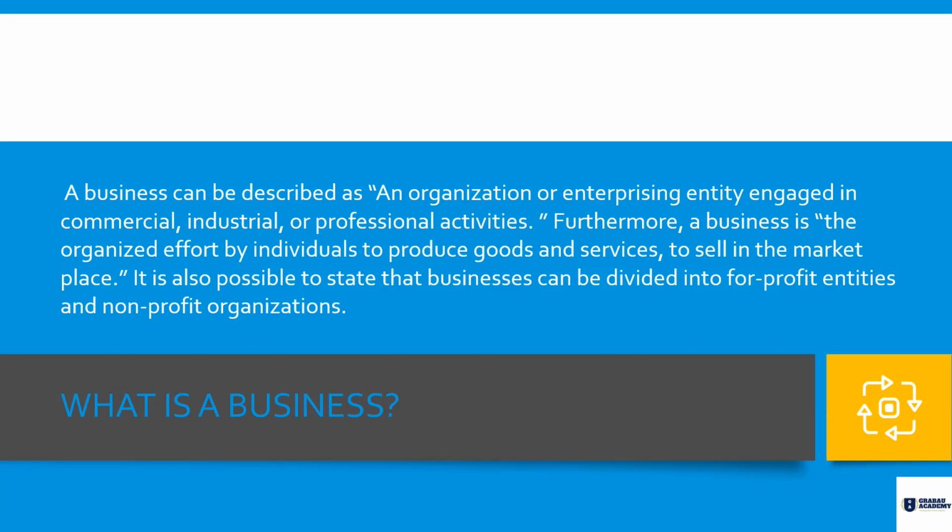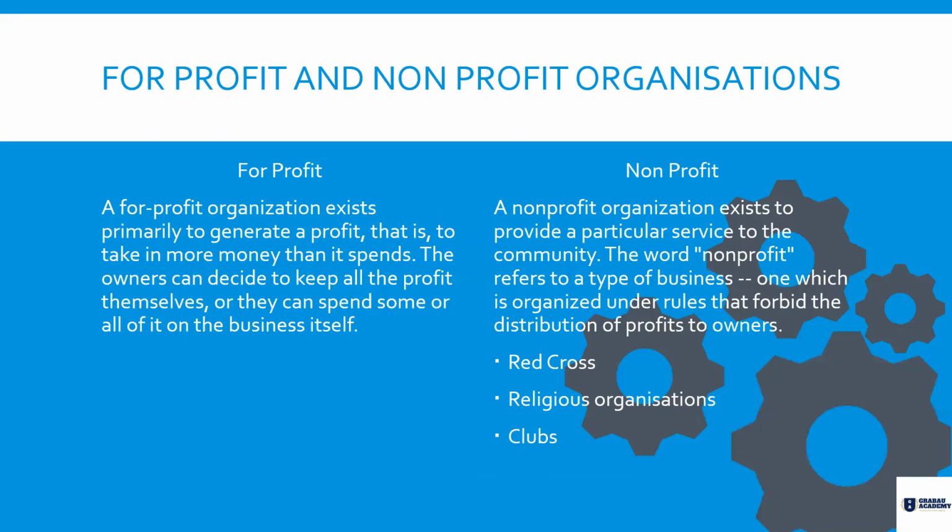As a consequence of that, we can also come to the point that companies can be divided into for-profit entities and non-profit organizations. So going a bit more into detail regarding these two differentiations, we can say that a profit organization exists primarily to generate a profit. That is, to make money.